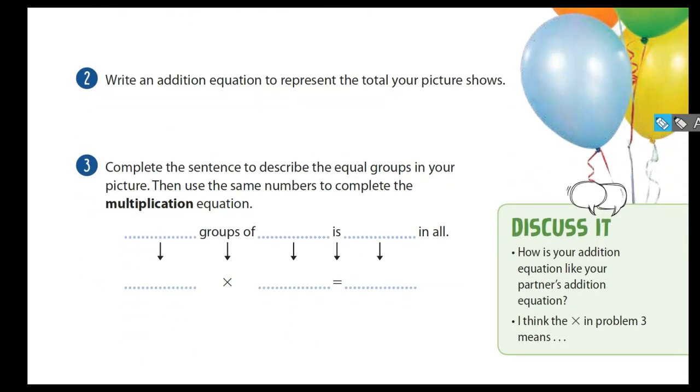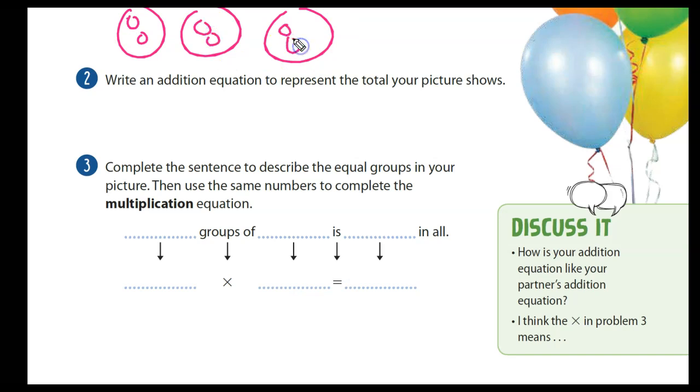Then it says complete the sentence to describe the equal groups in your picture. So we went like this, right? 3 groups with 2 each. And then we went 2 plus 2 plus 2 equals 6. Then use those same numbers to complete the multiplication.